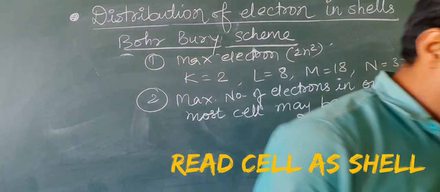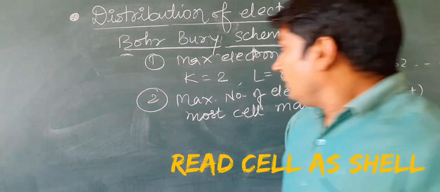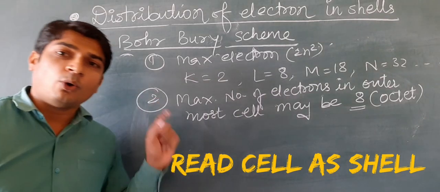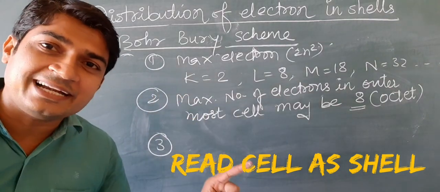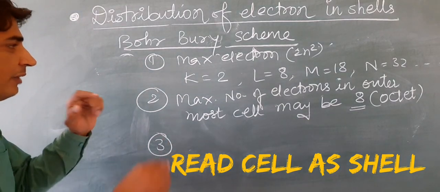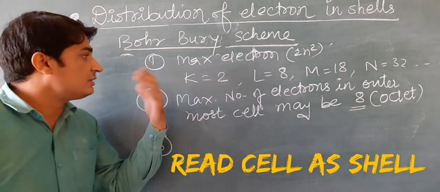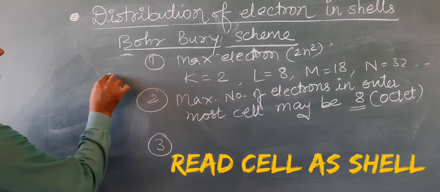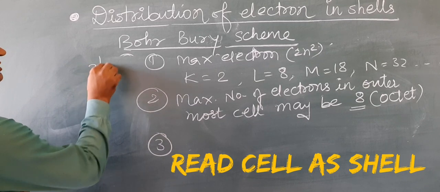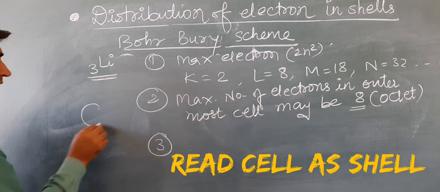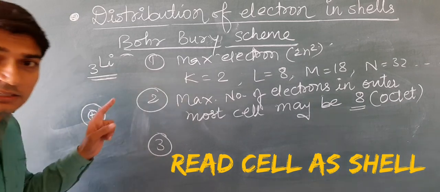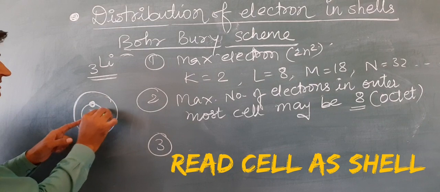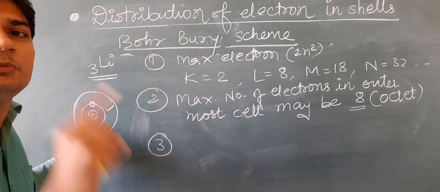Okay, and last one, electrons can be filled in the higher shell only when the lower shell is completely filled. Okay, so I am telling you this one, according to this, suppose in an element there are 3 electrons, lithium, I am taking the example, so the second cell would be filled only when the first cell is occupying its maximum number of electrons.